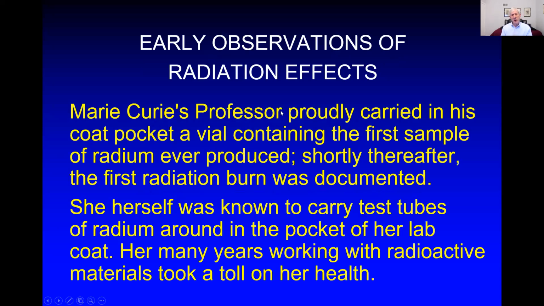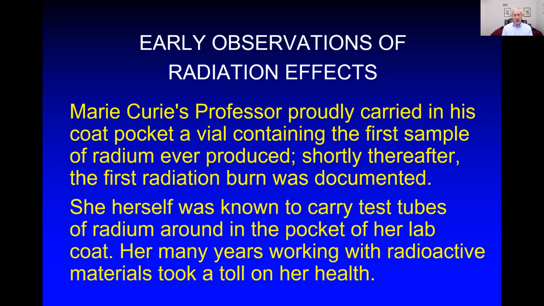So I want to start out with a few anecdotal things that are really very interesting. Madame Curie, as you probably know, was the discoverer of radium, and this took place approximately in the year 1900. Out of a couple of tons of pitchblende ore, Madame Curie was able to isolate a couple hundred milligrams of radium.